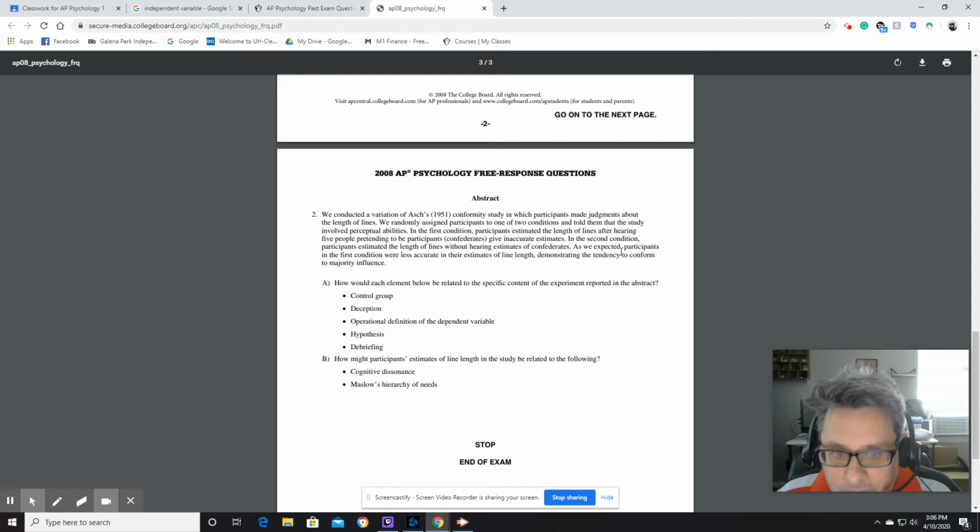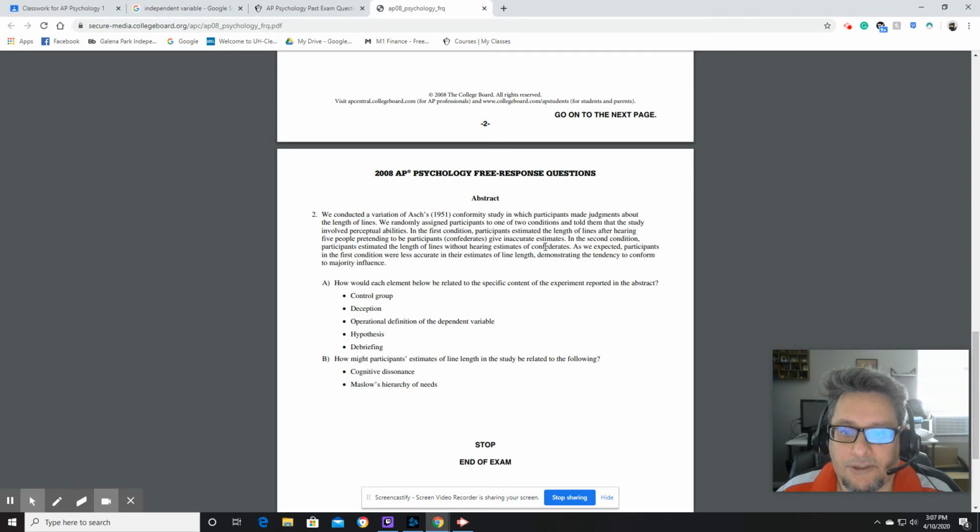So what we found out was that the participants in the first condition that had to listen to other people give the wrong answer were likely to go with them and give the wrong answer, whereas people that were not hearing somebody give them the wrong answer were likely to go with their own gut and therefore be right more of the time.